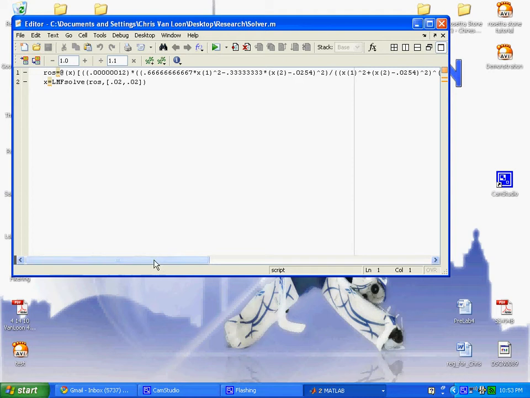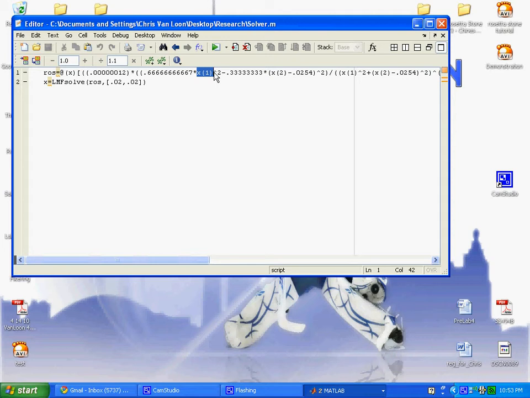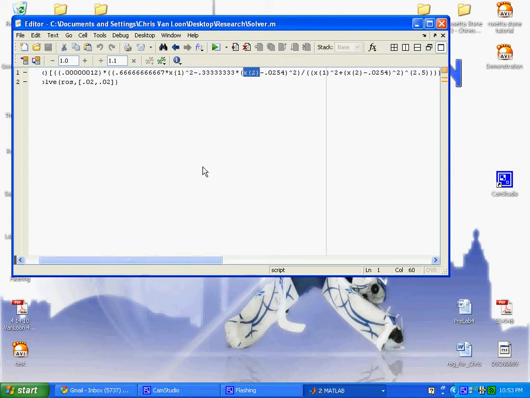But yeah, so in this algorithm here, the main things you should understand are that this is a function handle which just takes in a value of x and calculates what the result is. In this case, x1 will represent the z variable, the up and down motion of the magnet, and x2 will represent the lateral movement back and forth between the two Hall sensors of the magnet.